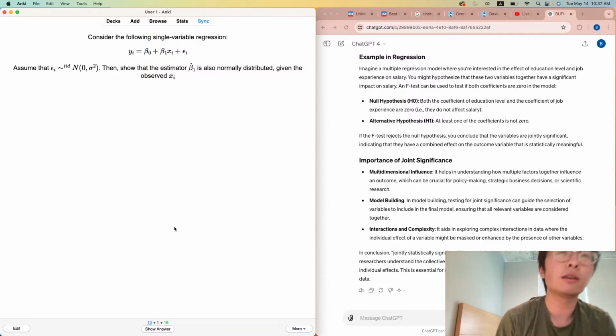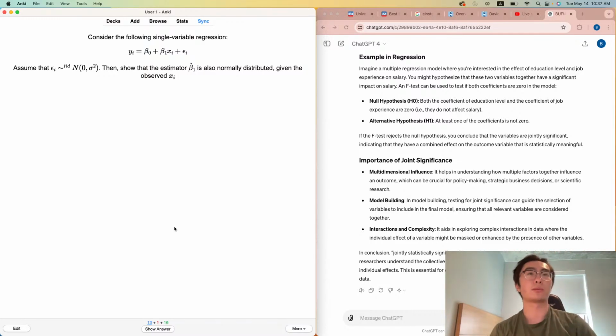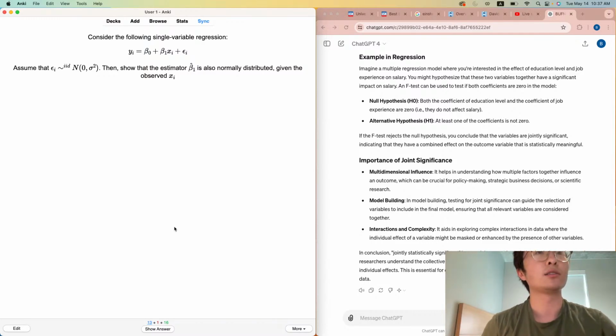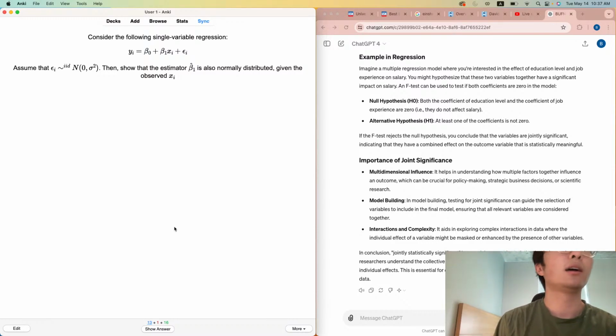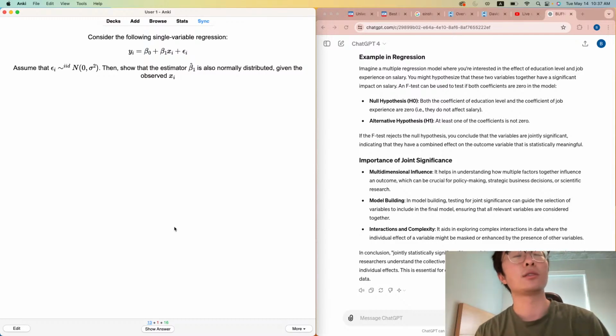So consider the following single variable regression. Assume that the errors are distributed independently and identically on a normal distribution of 0 and sigma squared, and show that the estimator beta hat 1 is also normally distributed given the observed x_i.